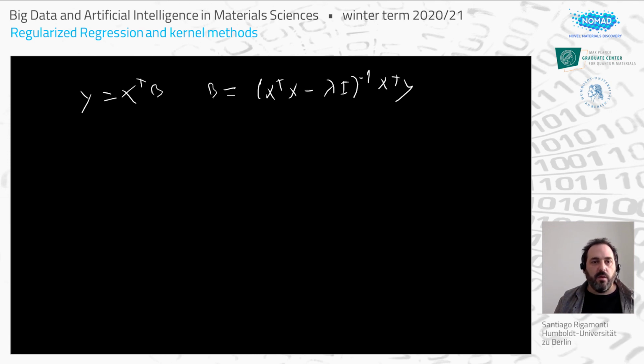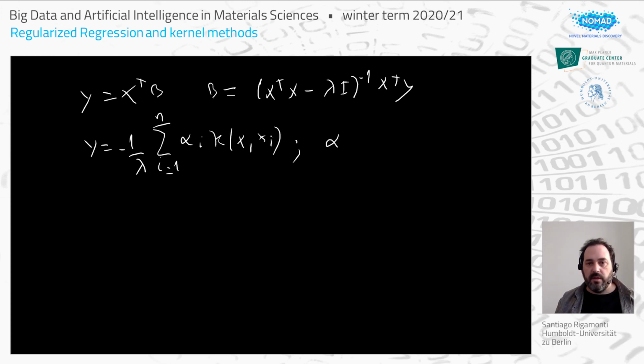But now what we have is y equal to minus 1 over lambda times the sum from 1 to n of alpha_i, the kernel between x and x_i, where the vector of alphas is equal to lambda times (K minus lambda I) inverse y.